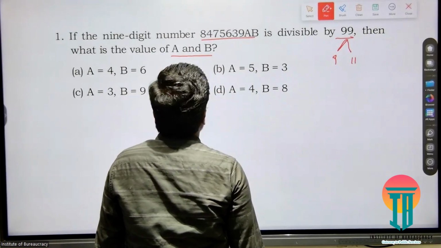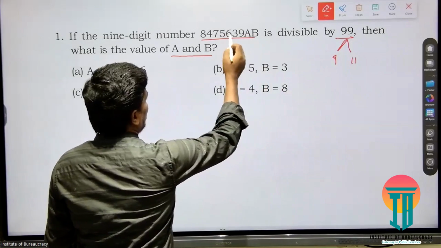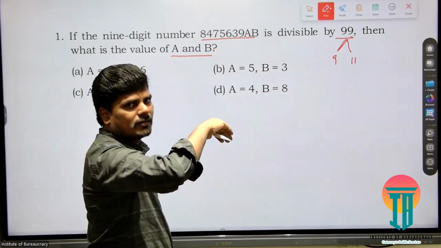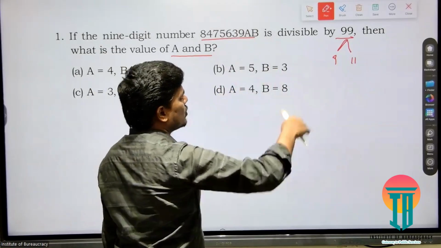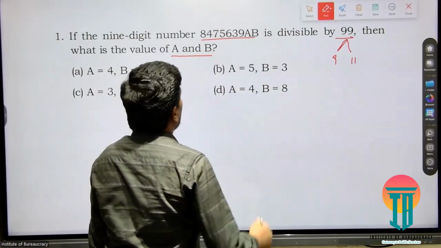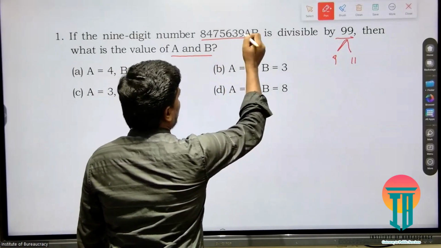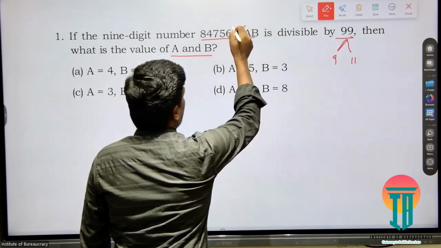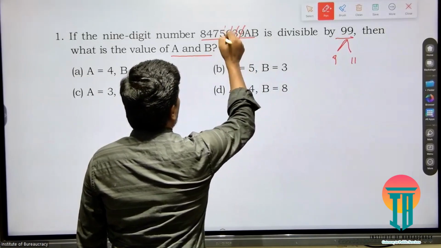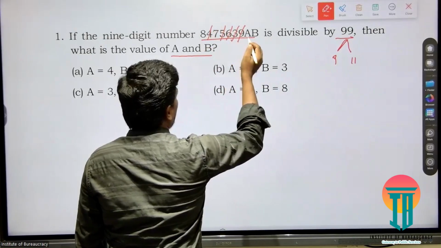So, for the divisibility test for 9, what do we have to do? We will add all the numbers, and the sum of the numbers should be divisible by 9. Now I'm going to make use of this concept: 3, 6, 9, I can leave it. Then 5, 4, 9, I can leave it.